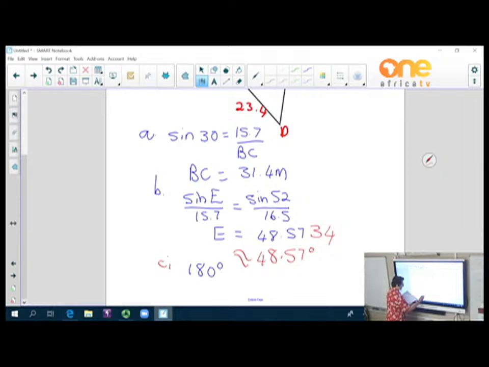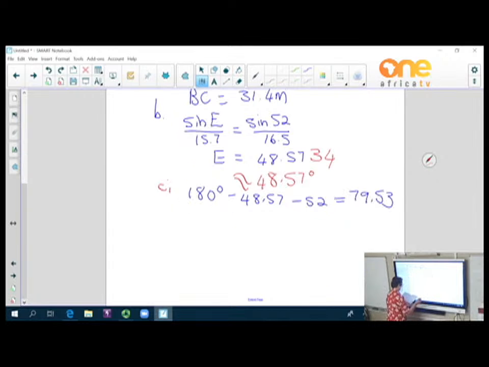180 degrees minus this 48.57. It's no calculation there, minus the 52 degrees. And that's how we get what they gave you, 79.53.